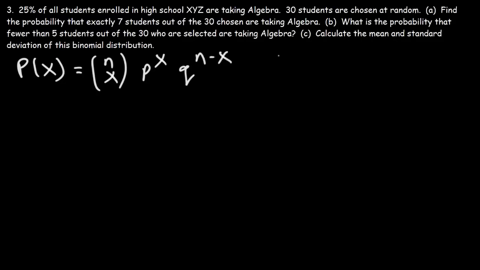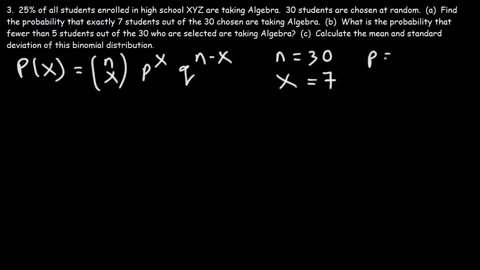So what is n in this problem? n is going to be the number of students that are chosen at random. That's 30. x is going to be the number of successes in n trials. So these are going to be the number of students who are taking algebra out of the 30 chosen. So x is going to be 7.